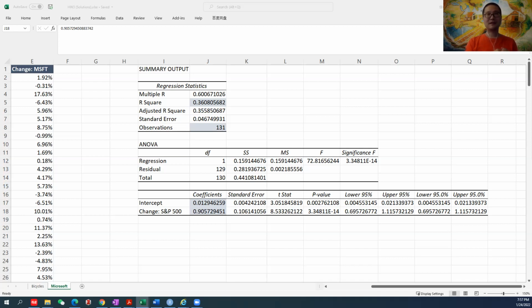A higher R squared reveals that a larger percentage of the variation in Y can be explained by X, so it reveals a stronger linear relationship. And what you said was the opposite. So don't get confused in this area.